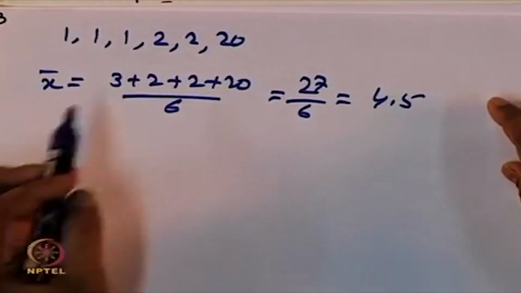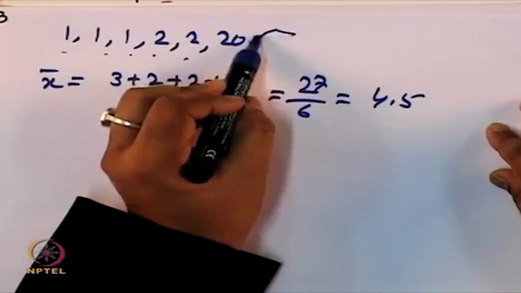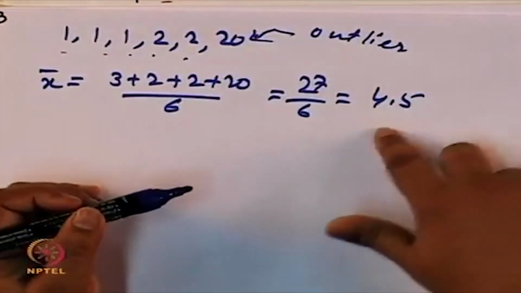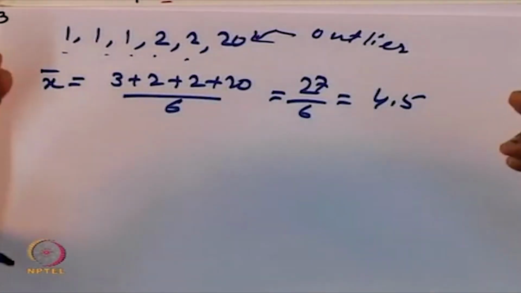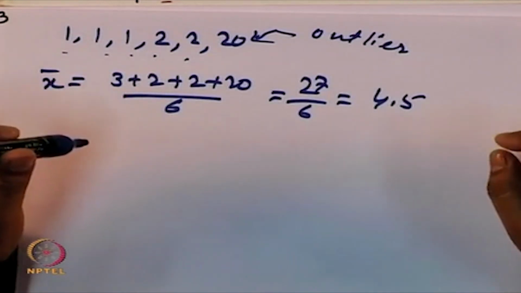We can clearly see my numbers are 1, 1, 1, 2, 2, and I have this outlier which is 20. This completely shifts my average to a value of 4.5, which really does not have any relevance to how my data looks. In other words, this is one of the main deficiencies of arithmetic mean: it is sensitive to outliers.